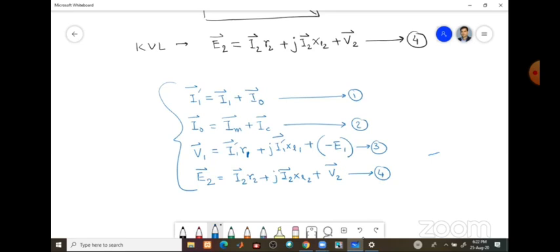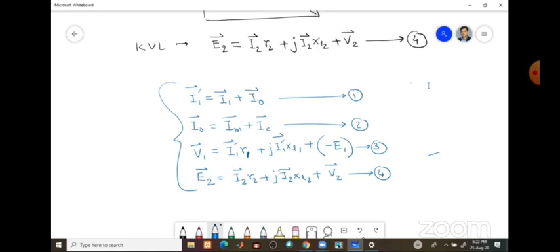So this E2 is the secondary induced voltage. The first day I discussed, if you can remember, E1, E2 and V1.